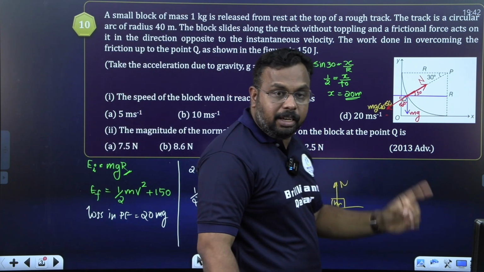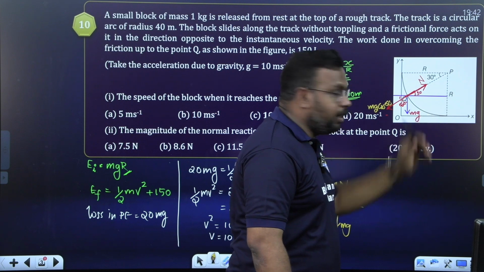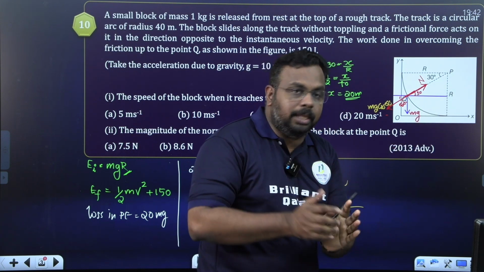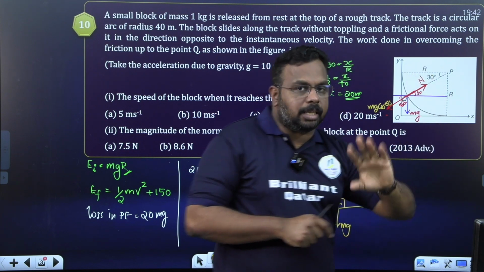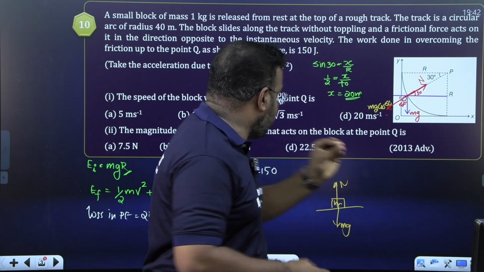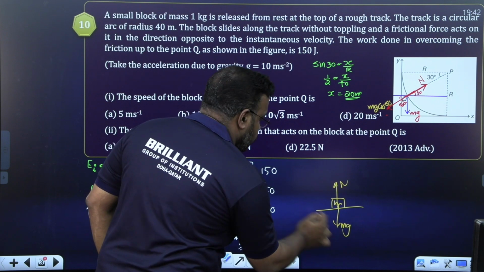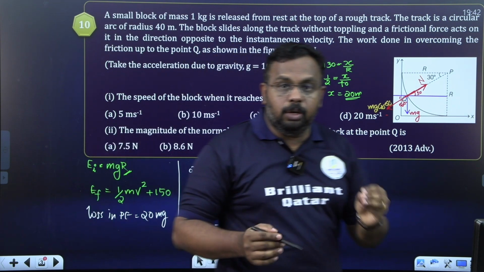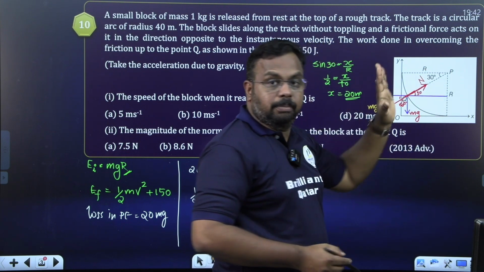By observing the diagram you can see that N is acting in this way, and mg cos 60 is acting in the opposite direction. So surely N should dominate, otherwise it cannot move in a circular track. So the necessary centripetal force for this circular motion is provided by N minus mg cos 60.